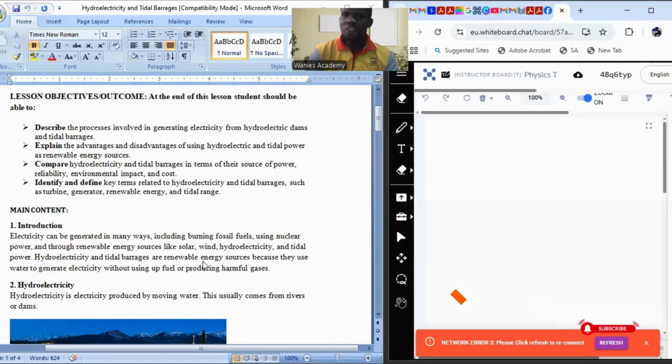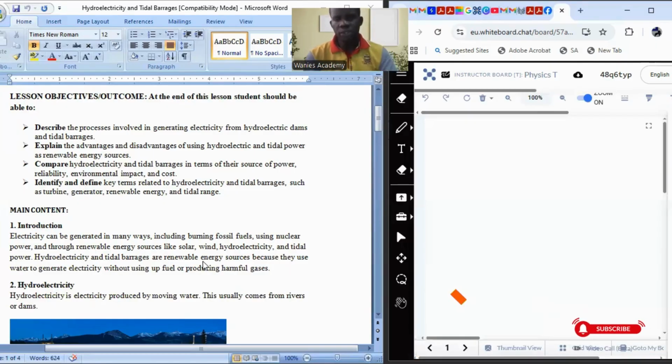So we have discovered that electricity can be generated in so many ways, including number 1, burning of fossil fuel, using nuclear power, and through renewable energy sources like solar, wind, hydroelectricity, and tidal power.